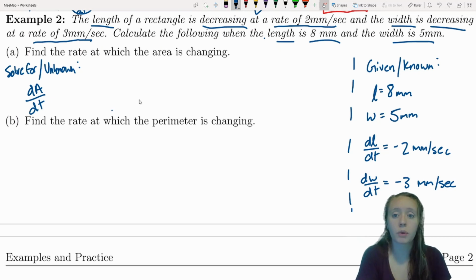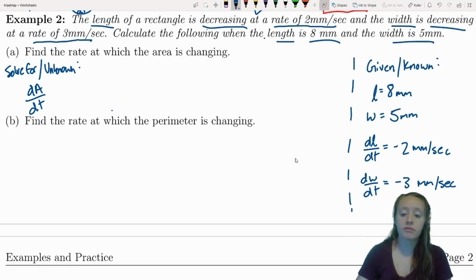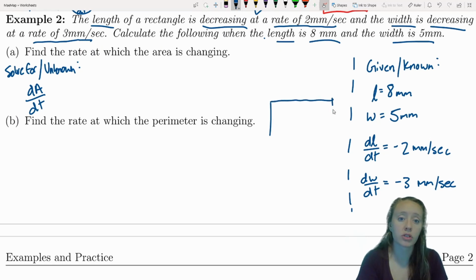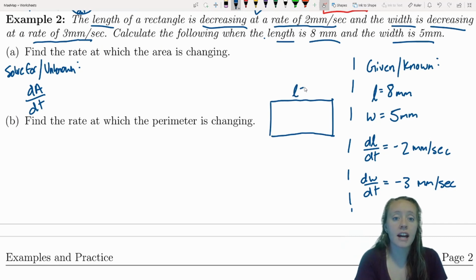Let's go ahead and draw a quick picture and then fill in our givens. Since the information is still going to be the same for both, only the unknown is different, I'll go ahead and just draw one picture, but feel free to draw 2 separate pictures. So this is my side L, and I know that that's 8 millimeters. And then I have my width, W, and that's going to be 5 millimeters.